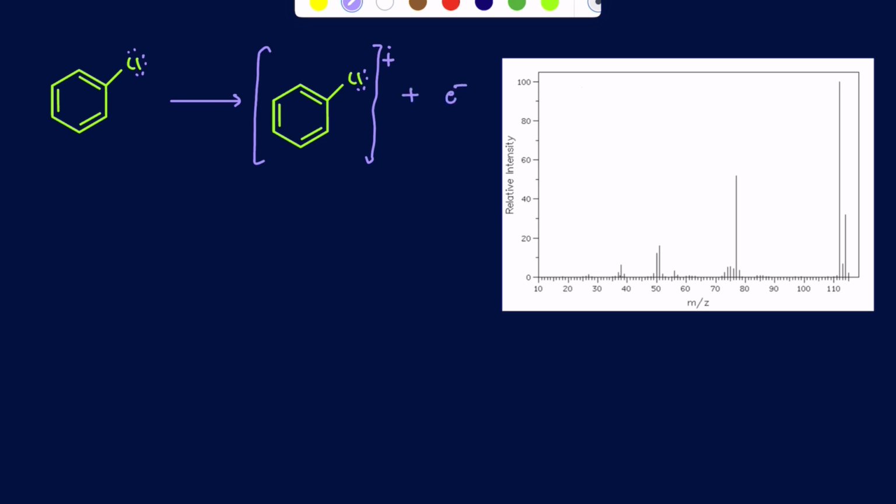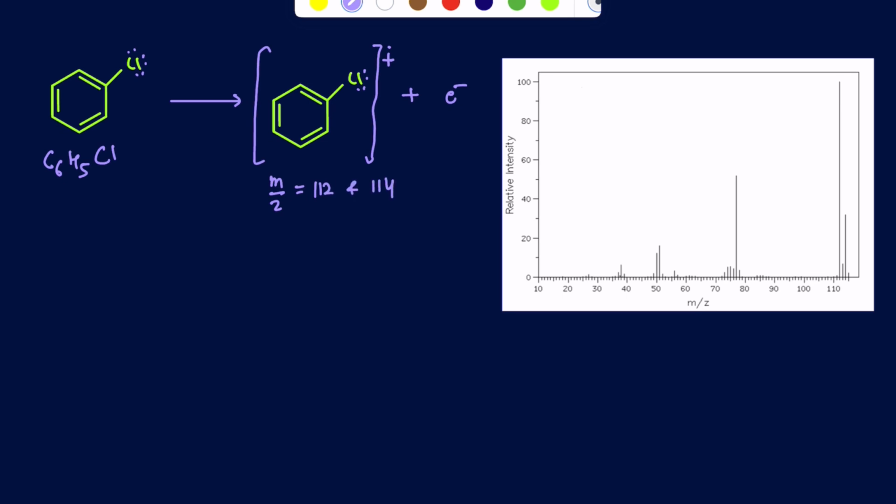The M over Z for this is C6H5, which is 77, plus 35, that's 112. So this is going to be at 112 and 114.